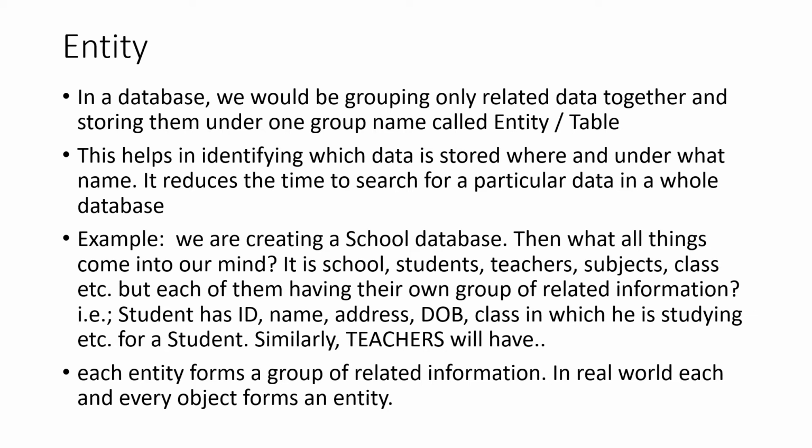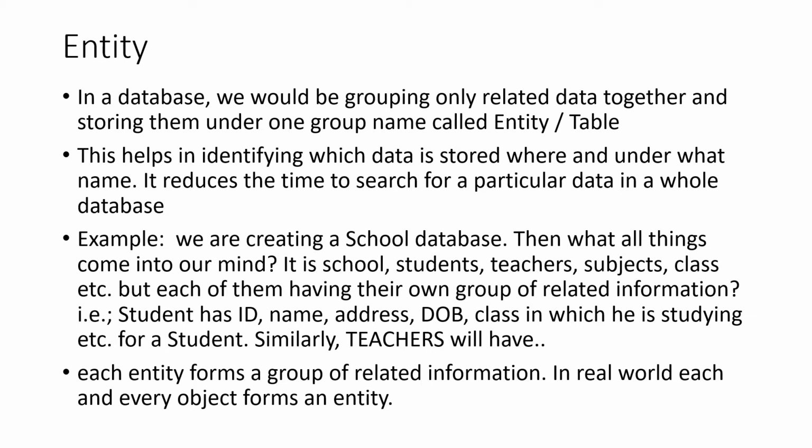So here we are considering an example. Suppose we are creating a school database. There we will be needing schools, students, teachers, subject, class, etc. But each of them has their own group of related information. That is, a student has ID, name, address, date of birth, class in which he is studying, etc. And similarly, teachers will have theirs.